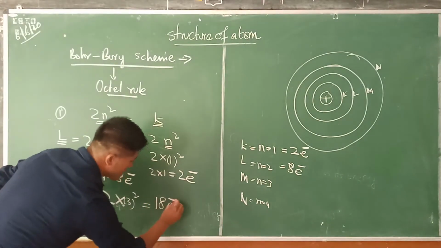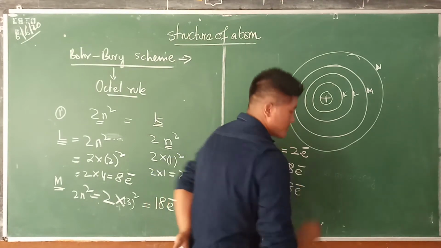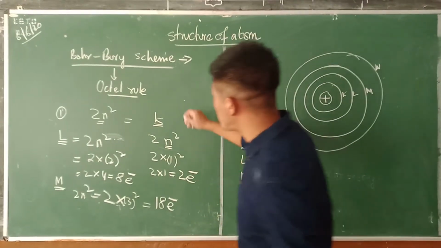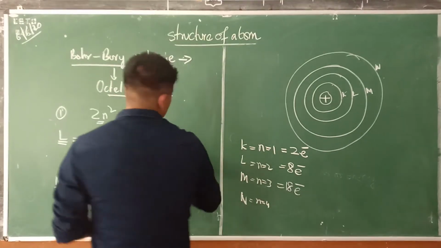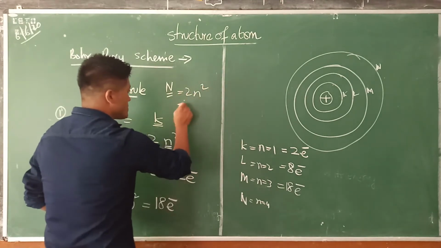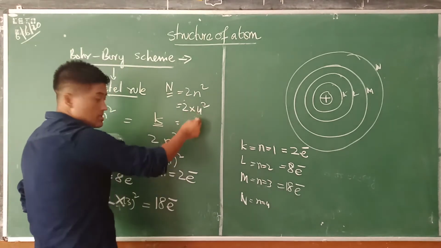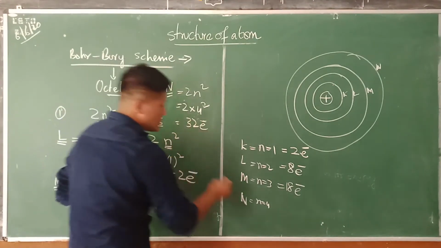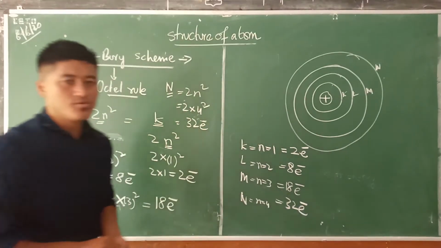So that means 18 electrons. If you go for the N shell, N is number 4, so 2n squared is 2 into 4 squared. 4 fours are 16, and 16 twos are 32 electrons. So in the fourth shell, you can have a maximum of 32 electrons.